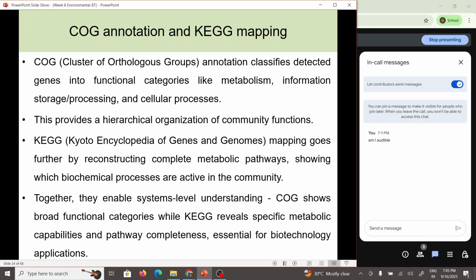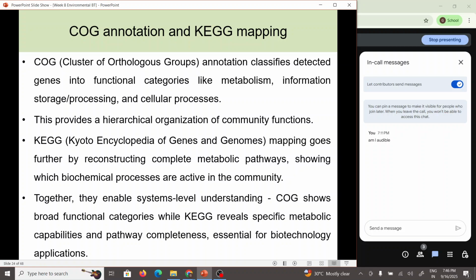This will provide us with a hierarchical organization of the community functions. Like we saw in the last slide, we will be able to have a pathway constructed, and after that we go for Kyoto Encyclopedia of Genes and Genomes mapping, in short called KEGG mapping.